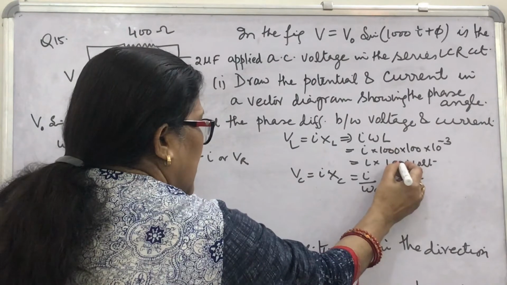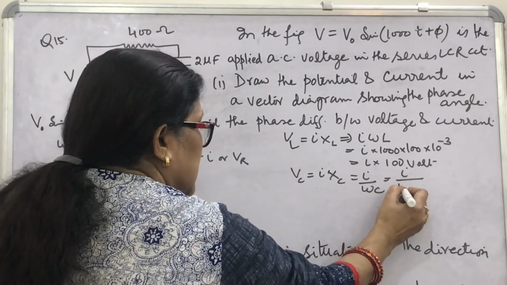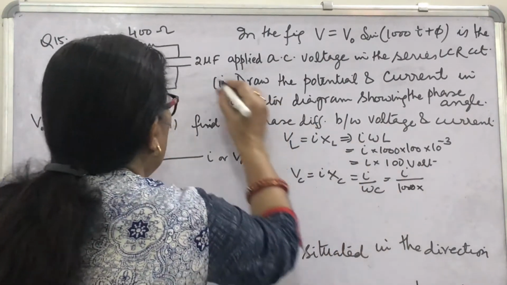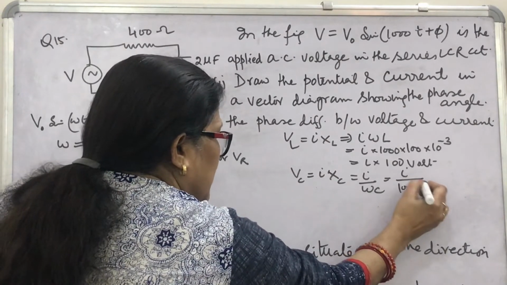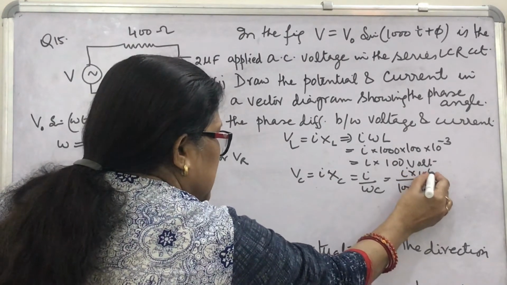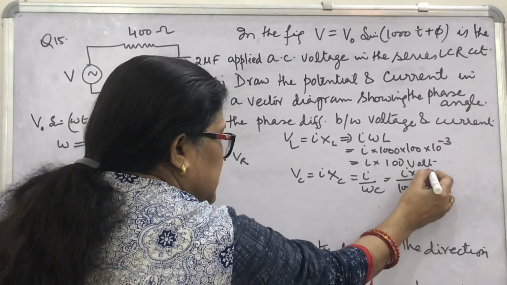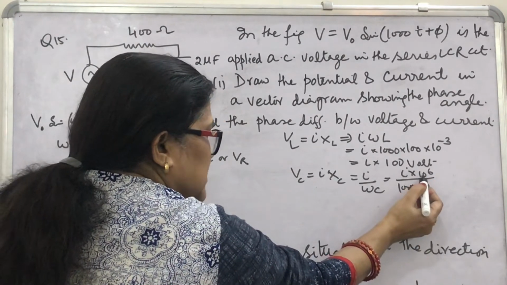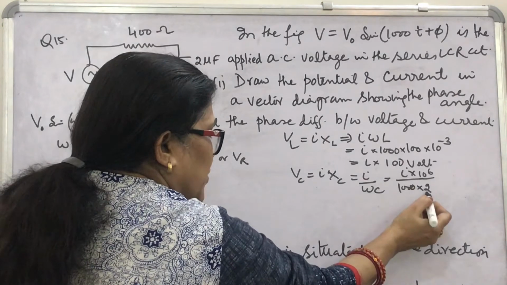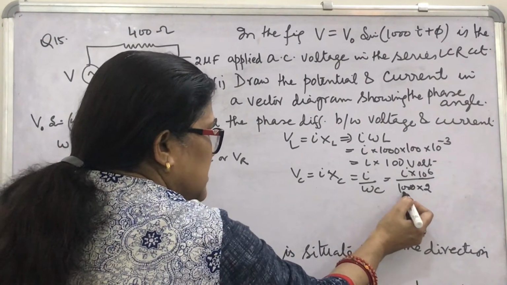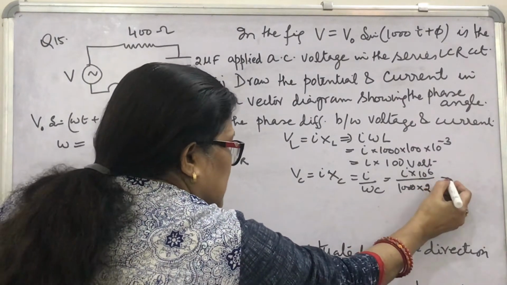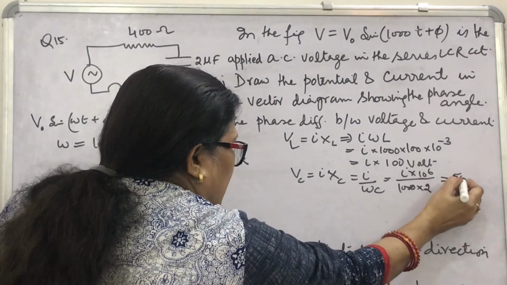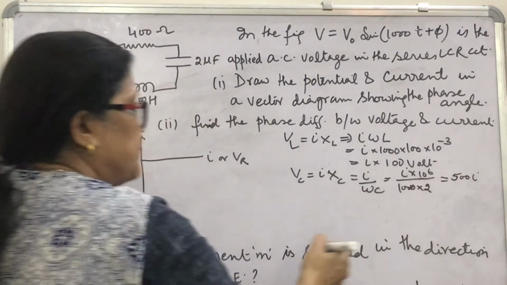Here this is 1000 into 2 microfarad. So 2 into micro means 10 to the power minus 6, which goes to the numerator as plus 6. So this is 1000 into 1000, 1000 upon 2 will be 500 because this 1000 is cancelling. So here it is 500 I.